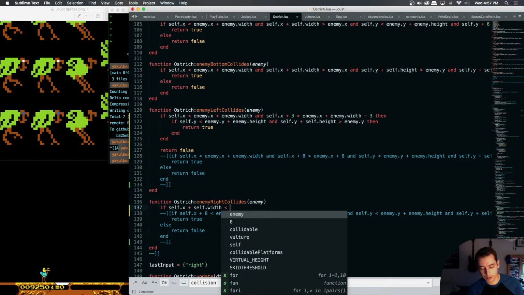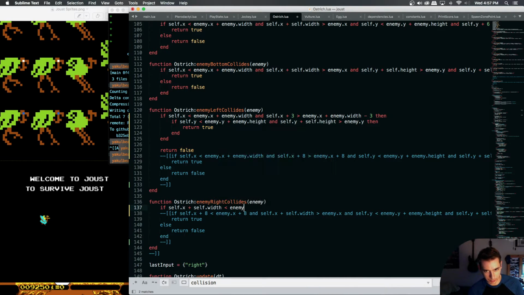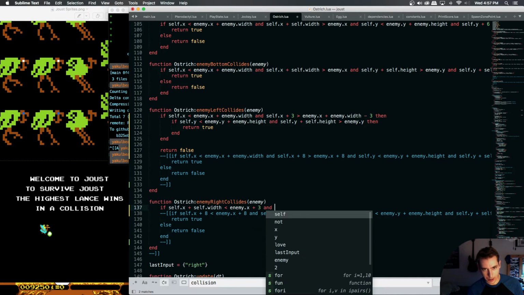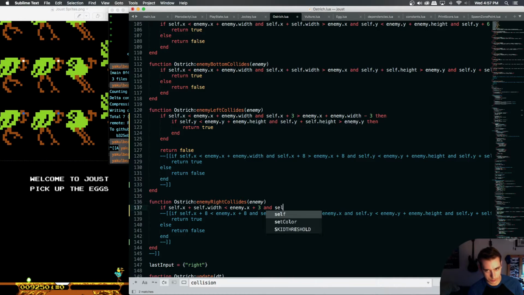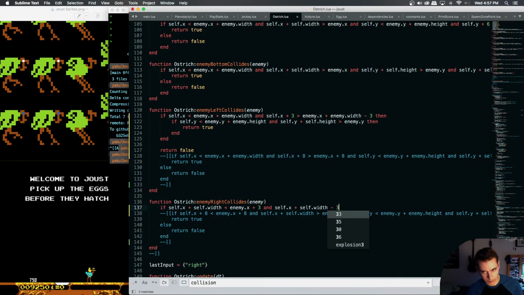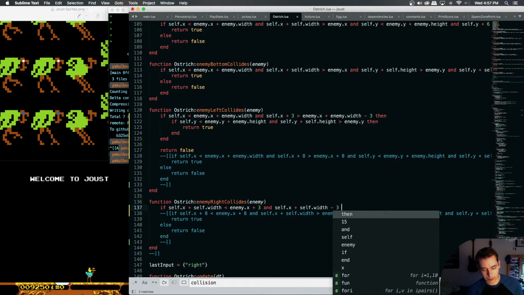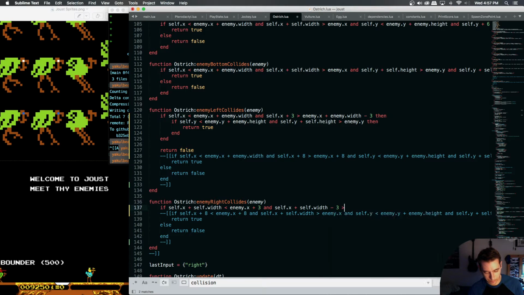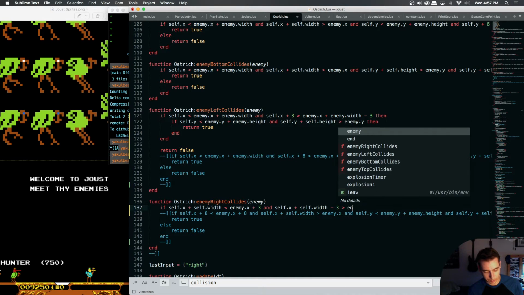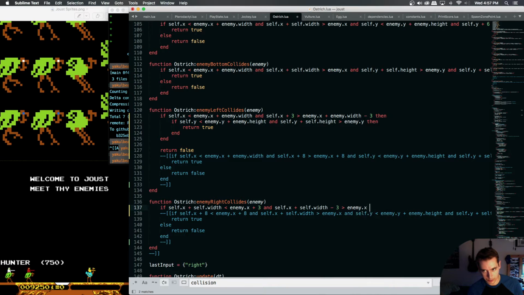The right side of our ostrich would need to be smaller than the right side of our bounding box on our enemy, which is enemy x plus 3, and our left side, which is self.x plus self.width minus 3, would need to be greater than the leftmost side of our enemy, which is enemy x.